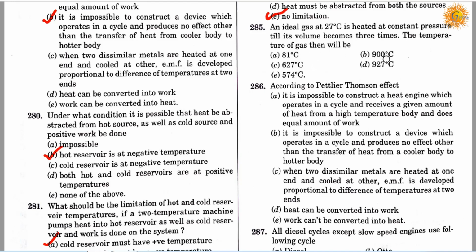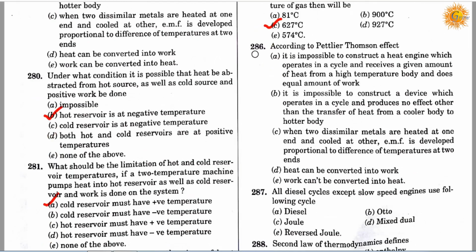Option B, 900 degrees centigrade. Option C, 627 degrees centigrade. Option D, 927 degrees centigrade. Option E, 574 degrees centigrade. So the correct answer is C. It will be 627 degrees centigrade.